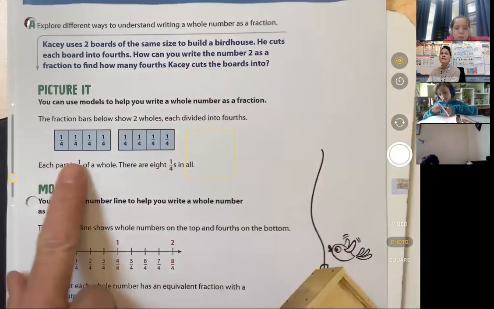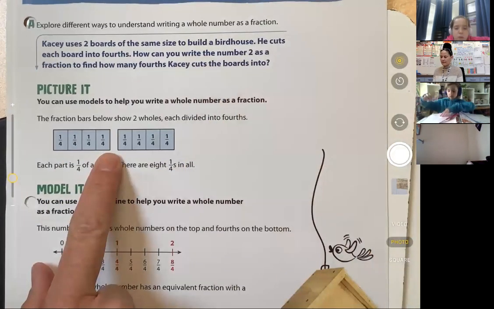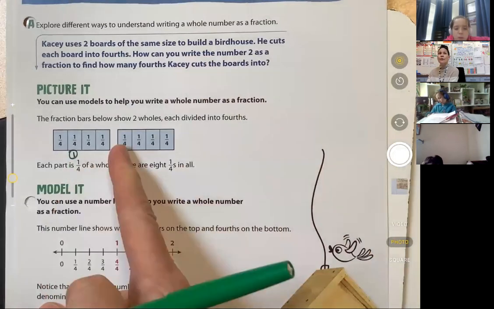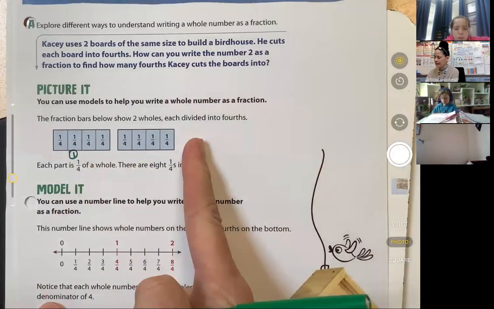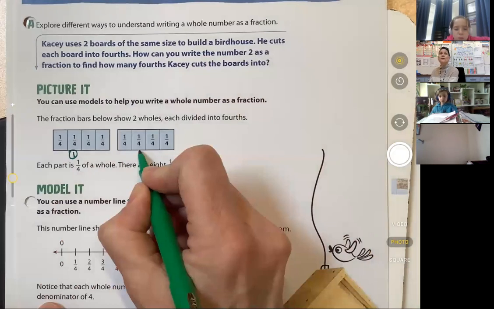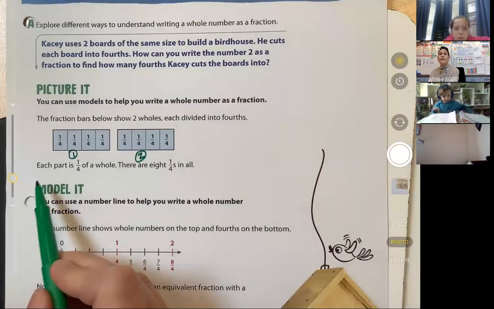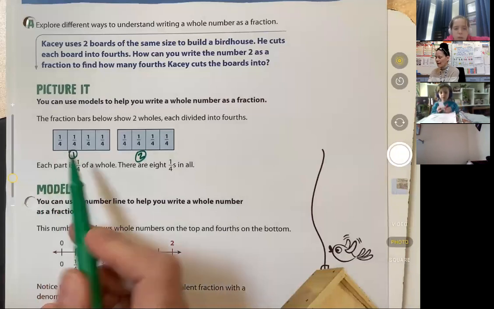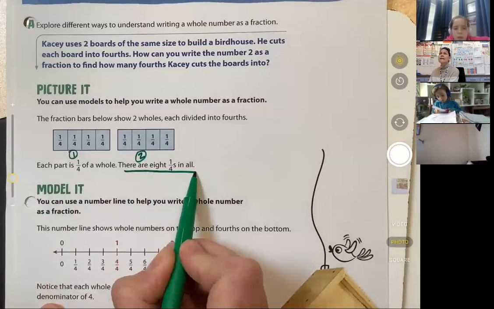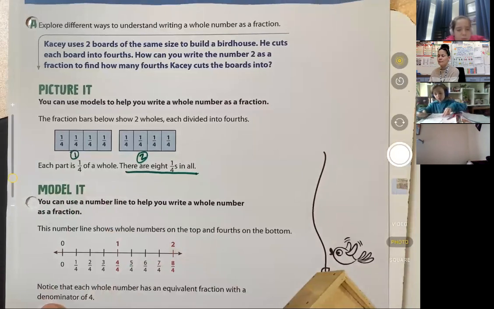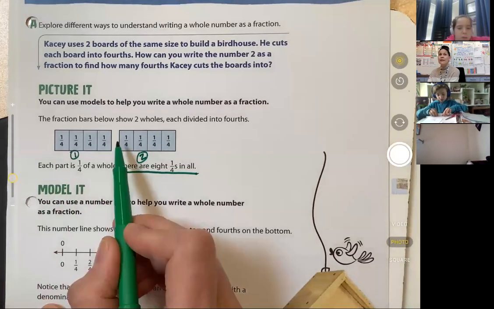So again, as you can see, 4/4, and that's 1 whole, and another 4/4, and that's 2 wholes. Each part is a fourth. There are 8/4 in all. Okay, here's 1, here's 2.